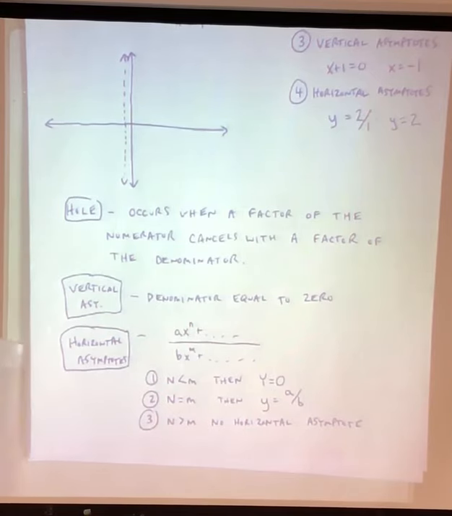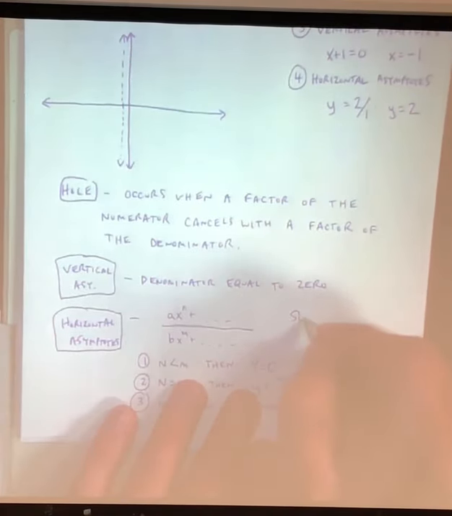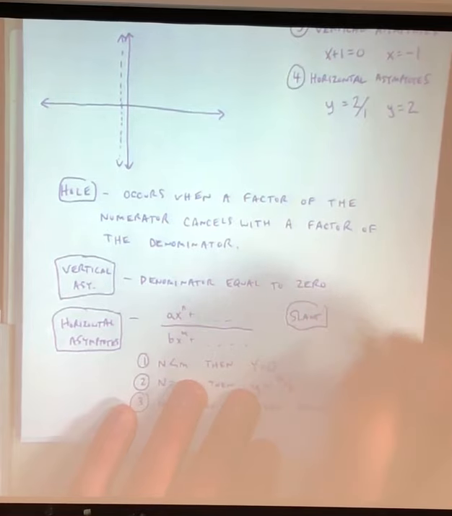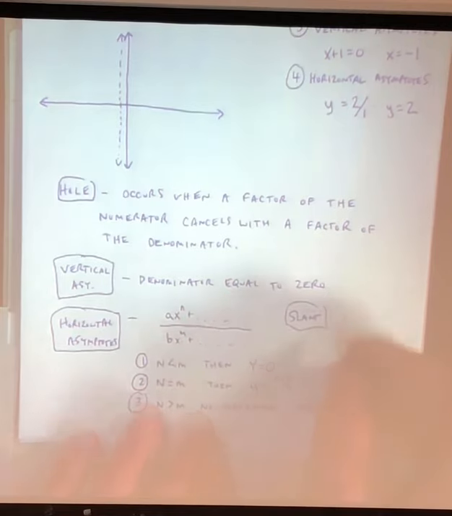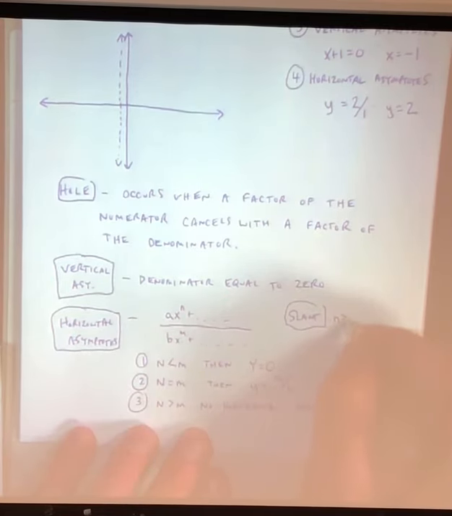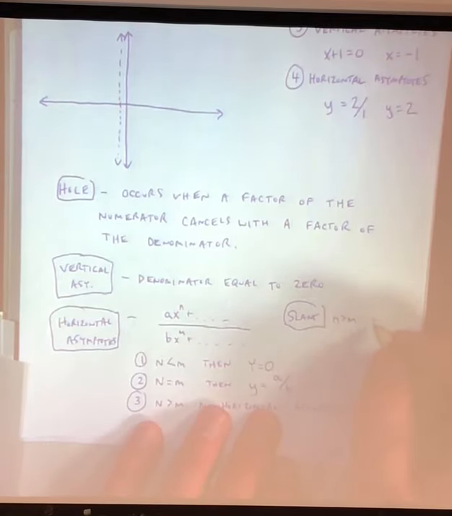This is the scenario that we have to be careful about, because if n is bigger than m, it's possible for us to have a slant asymptote. If we have a slant asymptote, that means that n is bigger than m, but it has to be bigger than m by exactly 1.